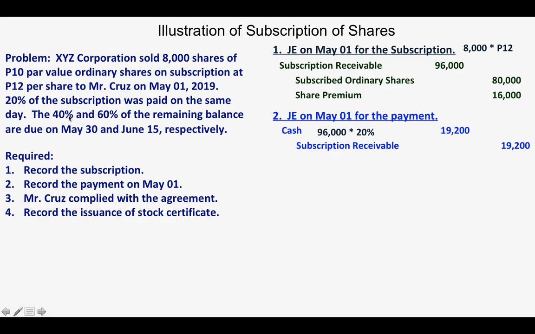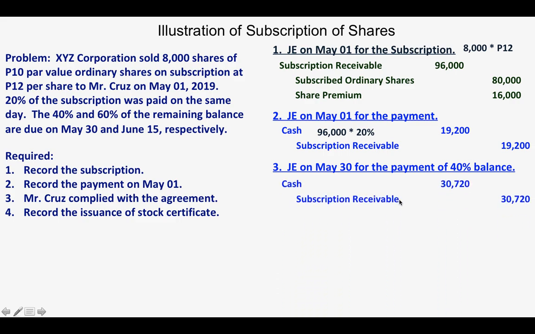So Mr. Cruz will pay on May 30 40% of the balance. So that will be computed based on 96,000, which is the total subscription receivable, minus 19,200, the payment made on May 1st, that is the resulting remaining balance, and times 40%, that will give you 30,720.